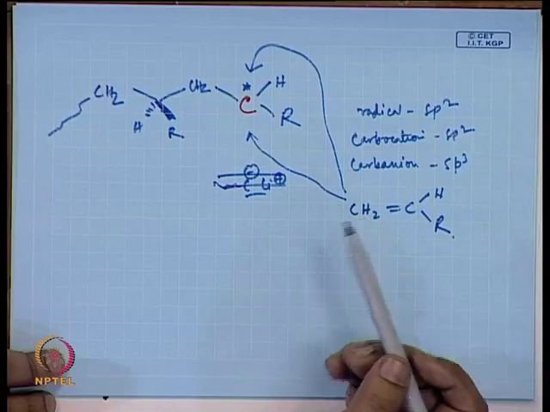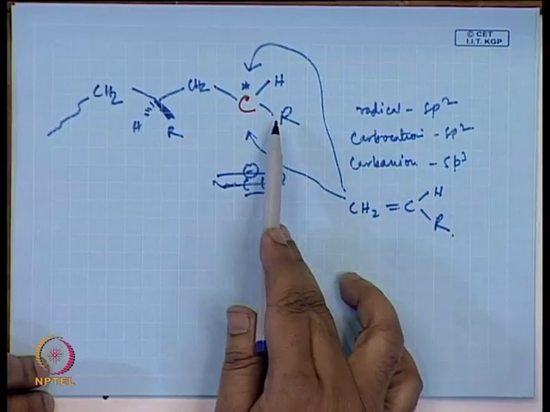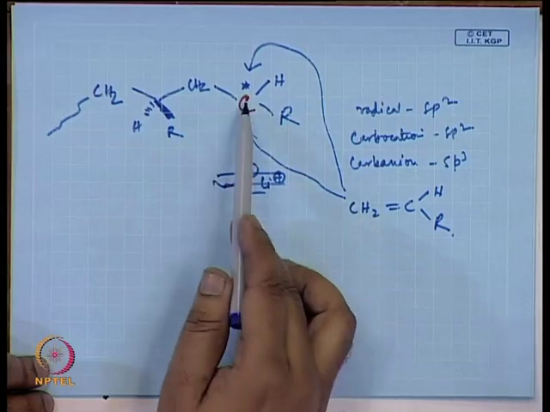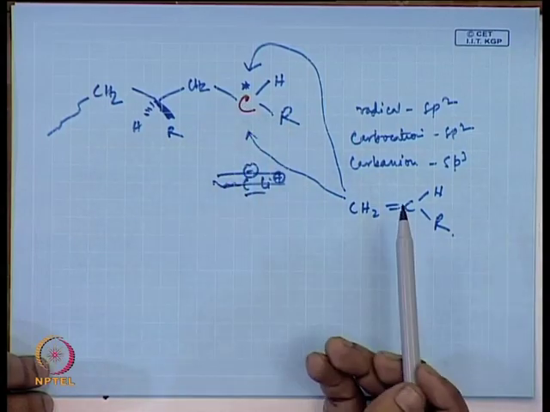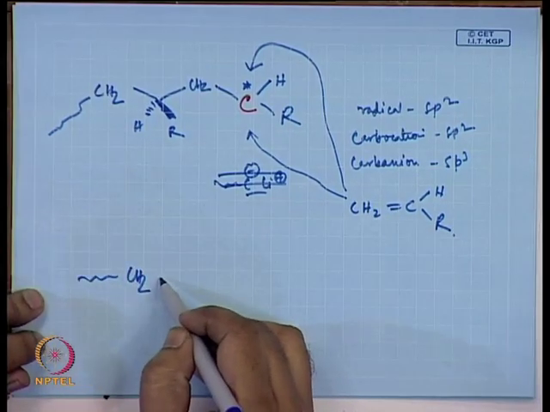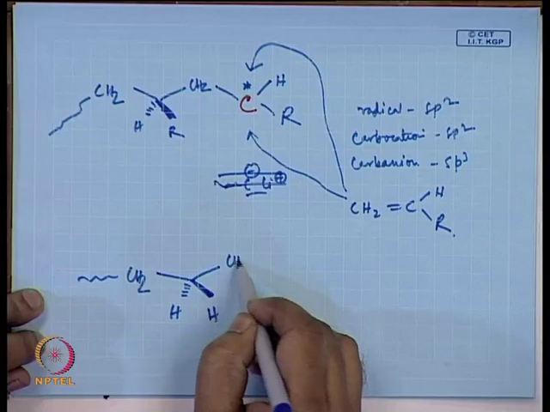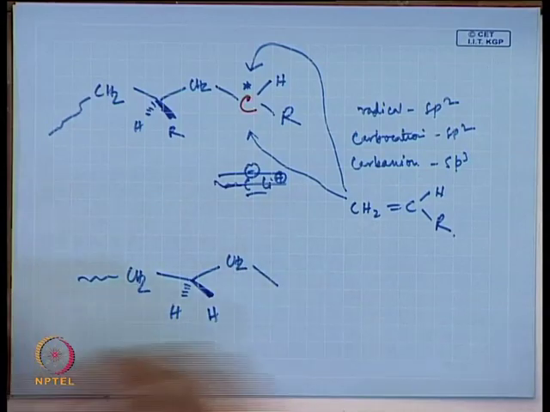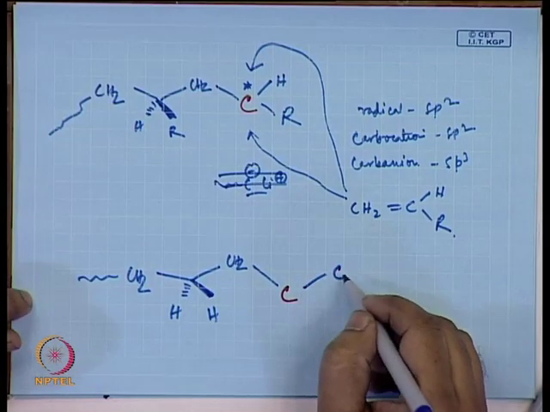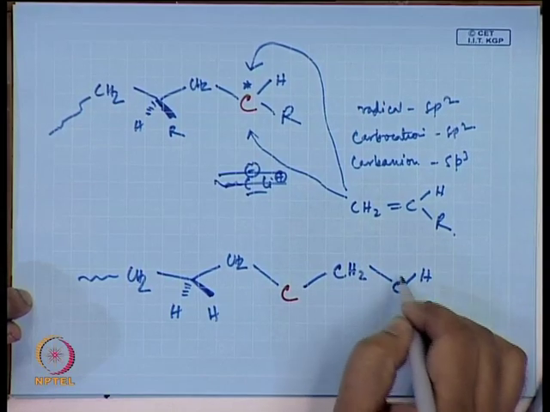So, in the general case, if you are talking about radical polymerization or ionic polymerization where the counter ions are free, then the stereochemistry of this carbon atom will be determined once the next monomer gets in. So, what happened, CH2 okay.